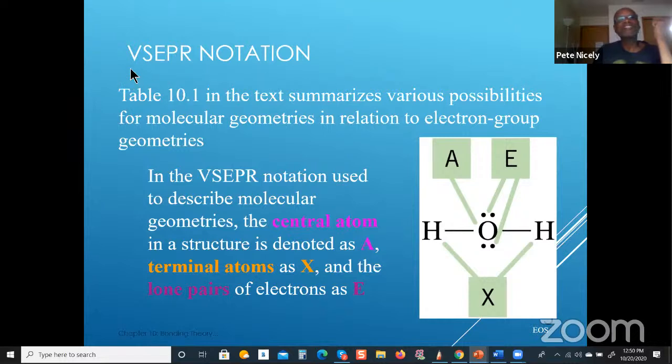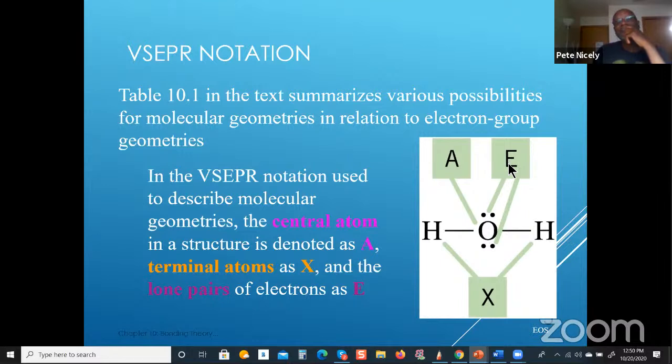Okay, so before we get into that, however, we need to talk about what we call the VSEPR notation, the valence shell electron pair notation. In different chemical literature and textbooks, they use different symbolisms. In the symbolism shown here in this diagram, the central atom is designated A, right?